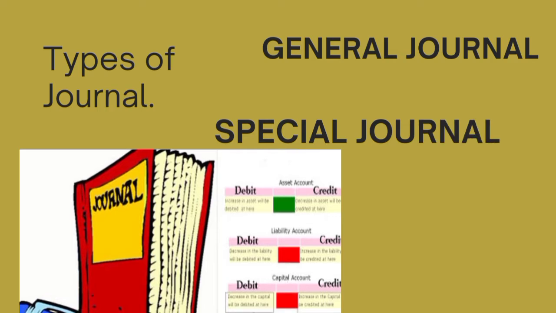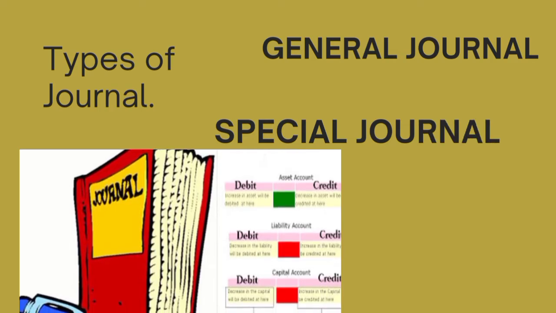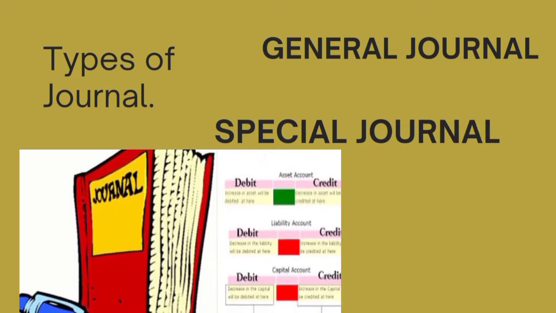All right. Now, there are types of journal. We have the general journal and the special journal. The general journal can also be called journal proper. This journal is kind of a book that gives the details or proper description of the transaction that took place.